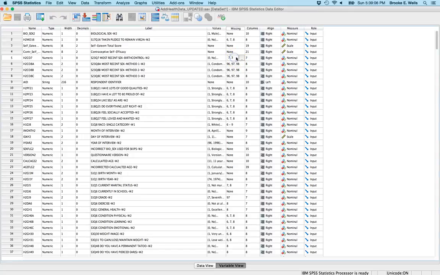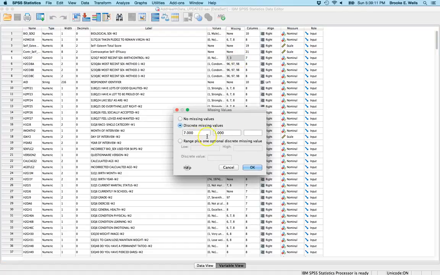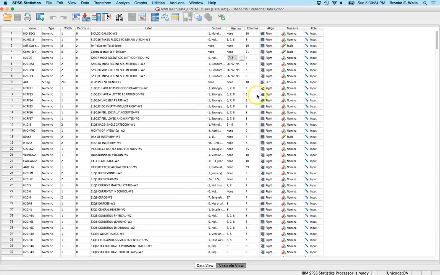And so I went over here to the missing, and before there were only 7 here, and I actually added 3 in here so that we have a dichotomous variable. Without that in there, SPSS doesn't like to look at this variable in a binary logistic regression because it thinks that it has 3 levels of the category. So I did change that a little bit.